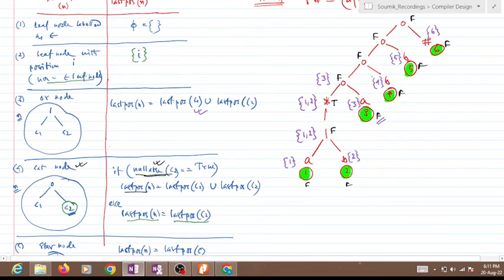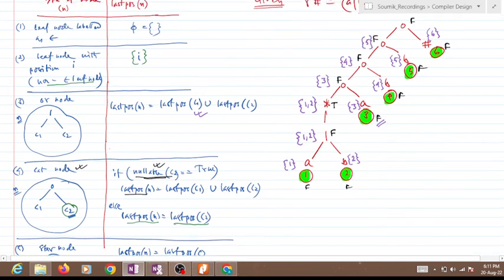Here the nullable of its right child is false, so the lastpos of this node will be 4, that is its right child. Now again consider this cat node. Here the right child has nullable false, so the lastpos of this node will be 5.